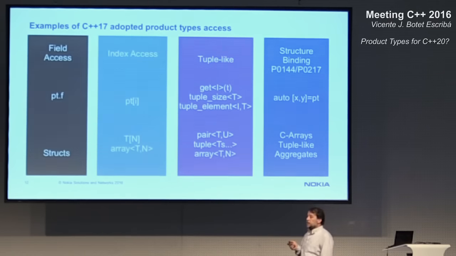And in C++17, we have structured binding that allows us to extract the elements of, I would say, a product type, and it works now for C arrays, tuple-like types, and some subset of the aggregates.